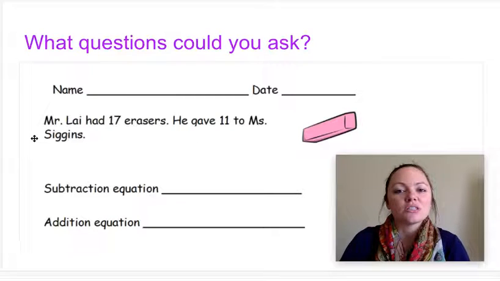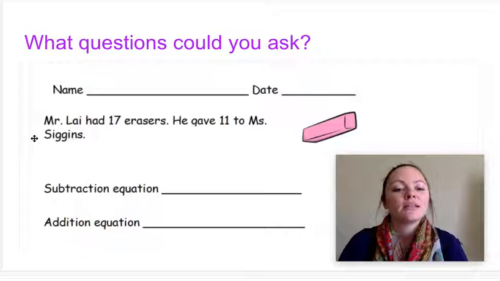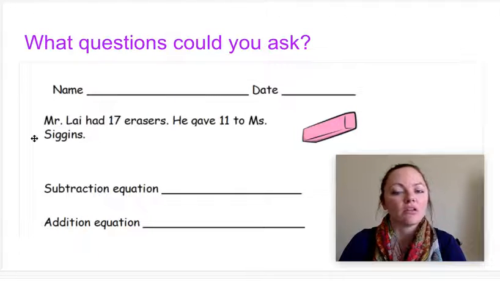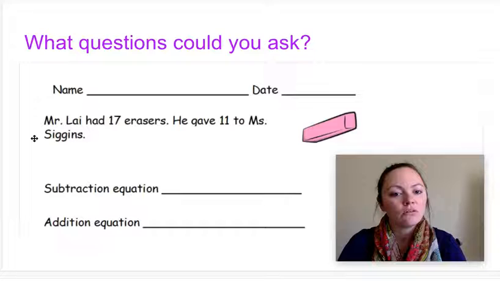What questions could you ask? Let's read it again. It says, Mr. Lai had 17 erasers. He gave 11 to Mrs. Siggins. Well, we could ask why he gave 11. We could ask, what else? What do you think?